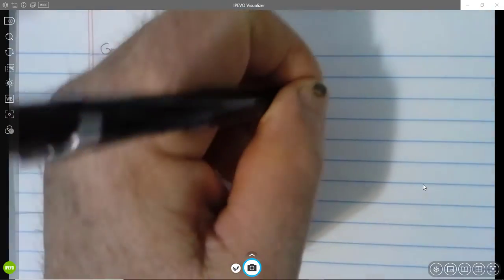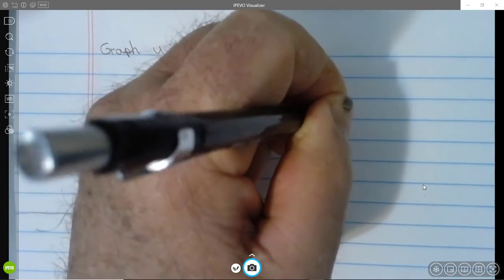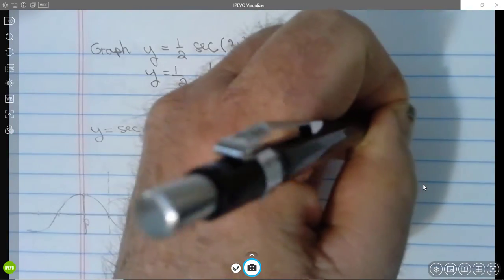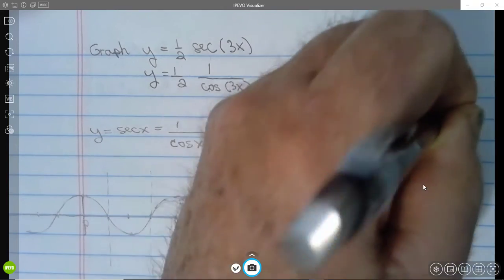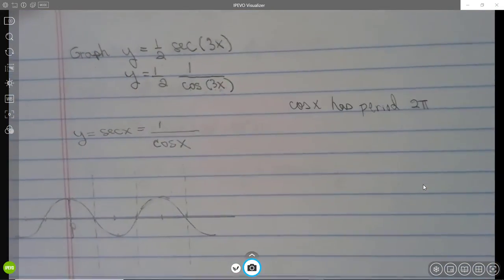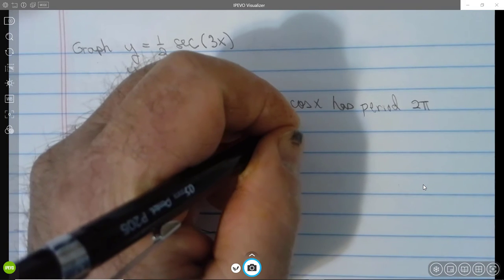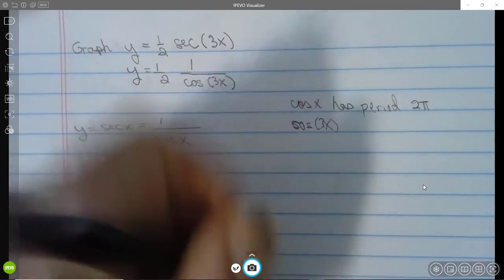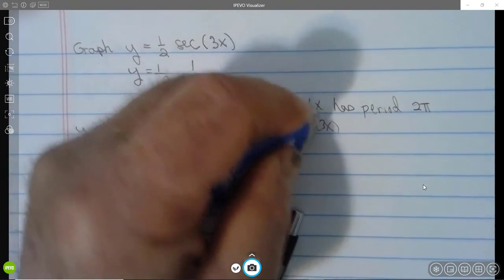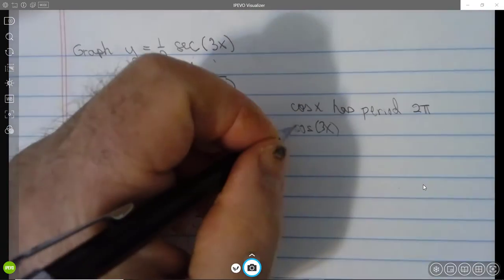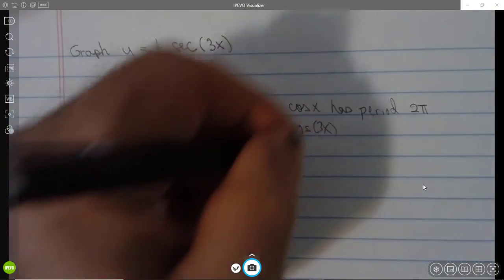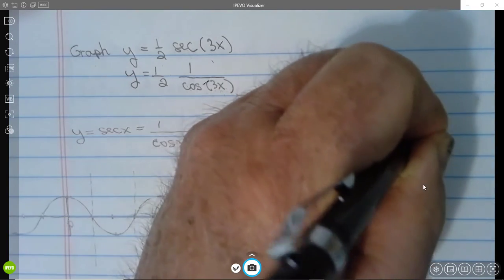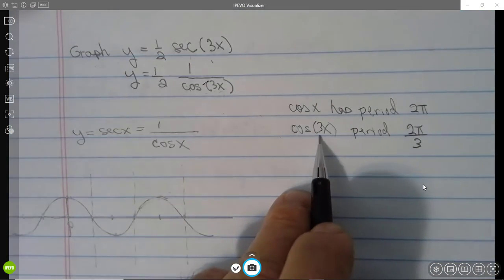So the period of the cosine x has period 2 pi, and the cosine of 3x then has a period of 2 pi over 3. Simply divide by this coefficient right here.